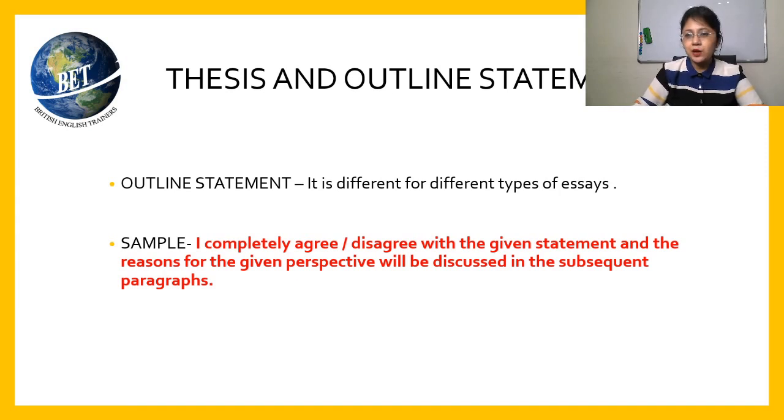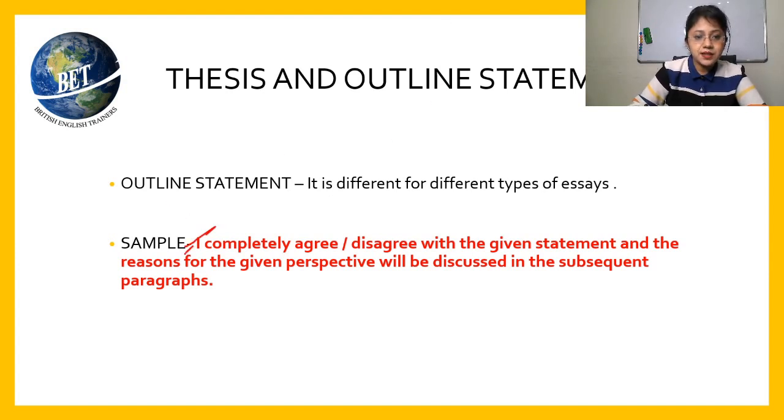The thesis and outline generally could be different, in the sense of one sentence for the thesis and one statement for the outline statement. Sometimes they could overlap. The outline could be written before and then the thesis. In whatever manner it is written, I'm going to help you understand it and also analyze which aspect is the thesis statement and which aspect is the outline statement.